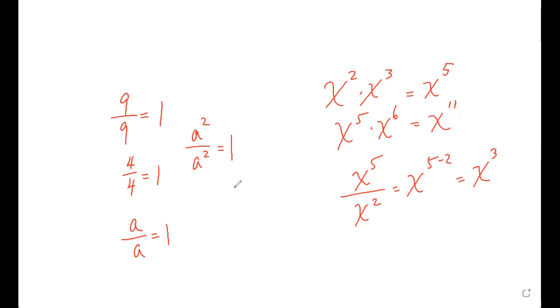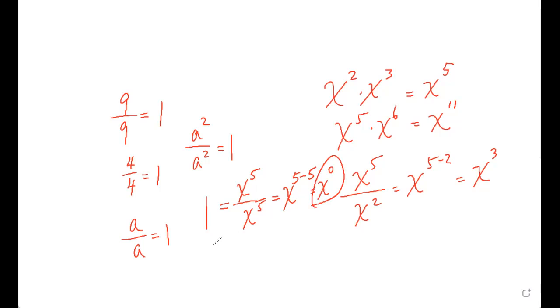Now, if you take x to the fifth over x to the fifth, again, this is going to equal 1. And if you use the rule, when you're dividing, you subtract the exponent, you have to subtract 5 minus 5. It's going to give you 0. So what is x to the 0 power?